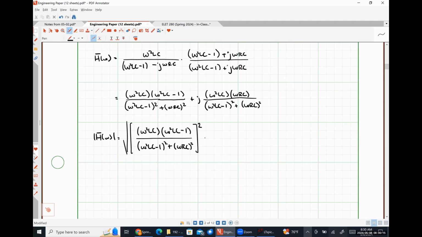Close that and square it. Coming over here, omega squared LC times omega RC. Sorry, should not be a squared on that. Erase, there we go. Omega squared LC minus 1 squared plus omega RC squared. Square this whole thing.